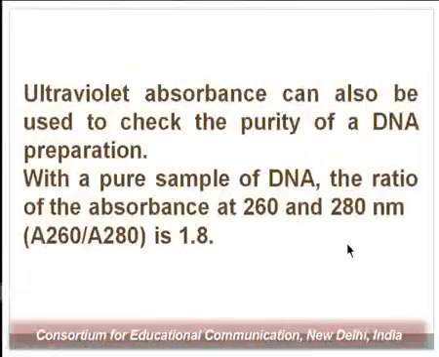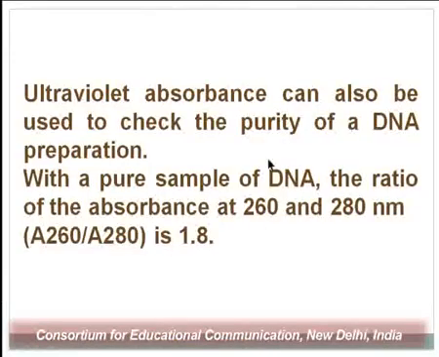Apart from telling the concentration of DNA, UV spectrophotometry can also be used to check the purity of a DNA preparation. During the isolation and preparation of total DNA, we employed steps to purify the DNA and remove proteins and RNA, etc. But still there is a possibility that these molecules are present.